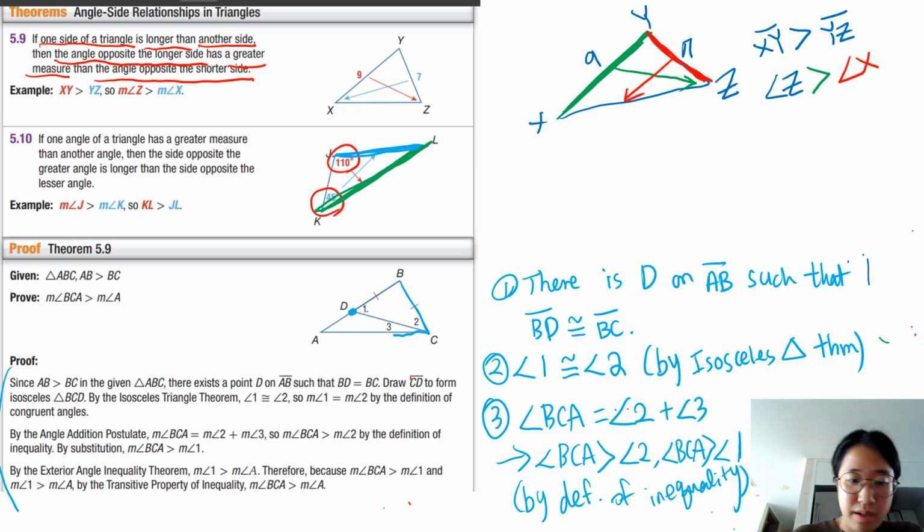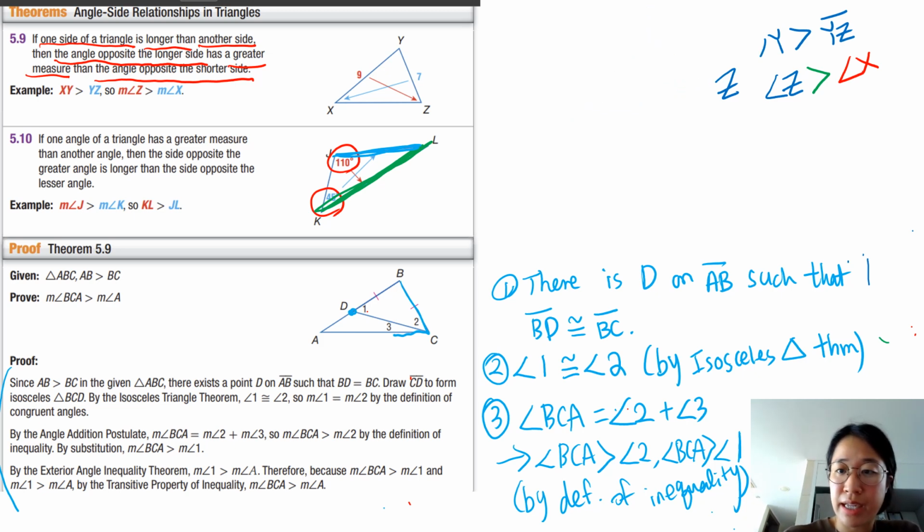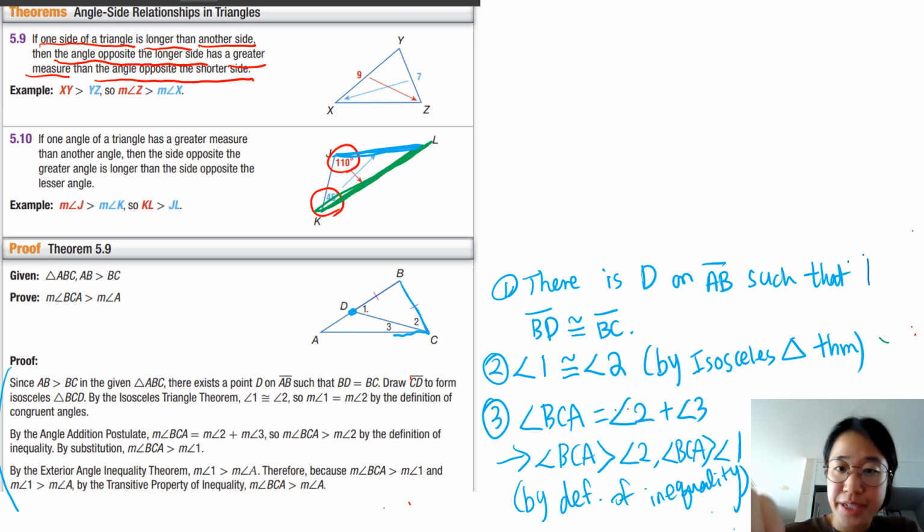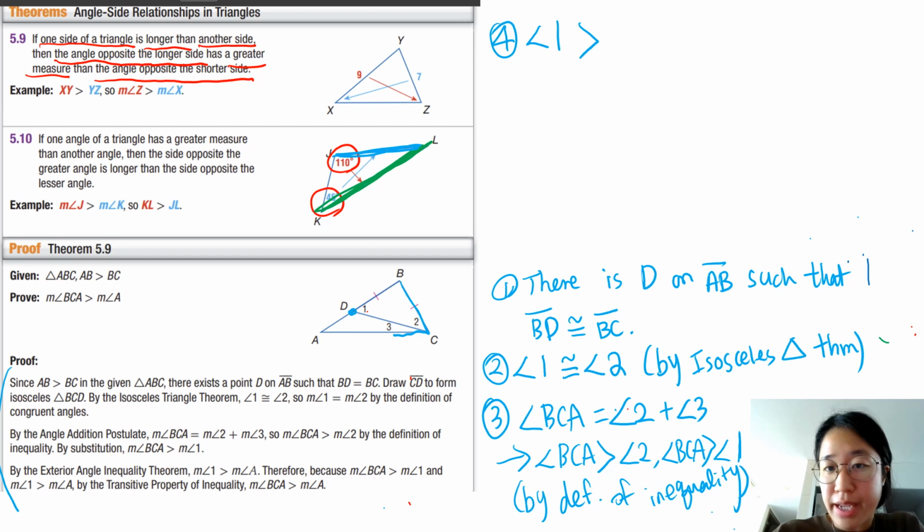Okay, let me erase the space right here, and I'm gonna write number 4 up here. So, okay, number 4. So what do we know about this? Angle 1 is greater than angle A because we have what?